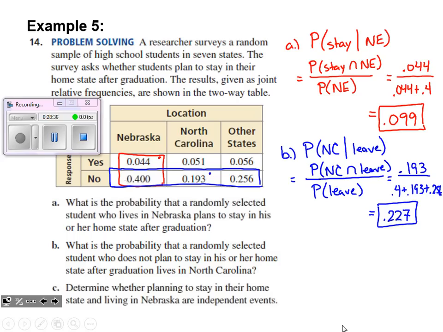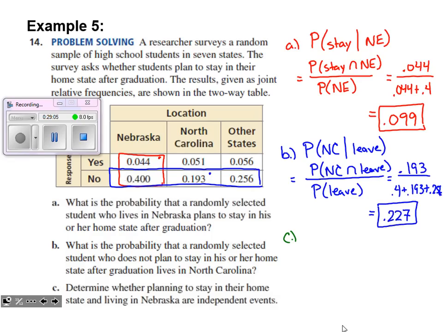And then lastly, part C. Determine whether planning to stay in their home state and living in Nebraska are independent events. Up until this point, we talked about dependent and independent events. We said that we were mainly dealing with coin flips and dice rolls and drawing marbles out of a bag, things that were pretty easy to tell if they were changing our sample space. Here it's not so easy to tell.